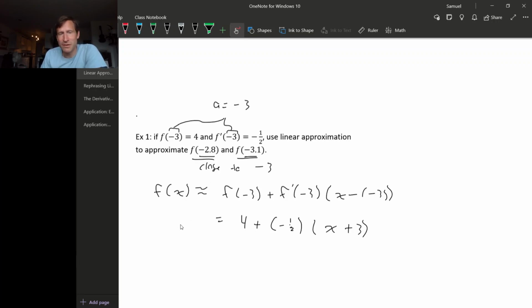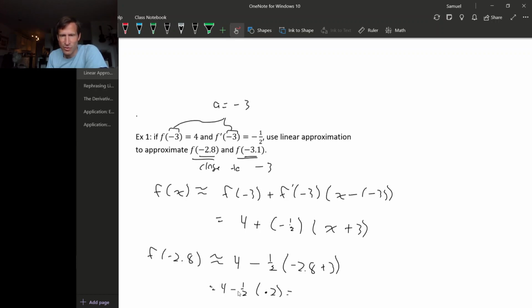All right, so now we can evaluate this linear approximation at these x values to approximate the function. So f of minus 2.8 is approximately, we can just plug minus 2.8 into our tangent line. So 4 minus 1 half times minus 2.8 plus 3. So 4 minus 1 half times 0.2. So 4 minus 0.1, that's 3.9.